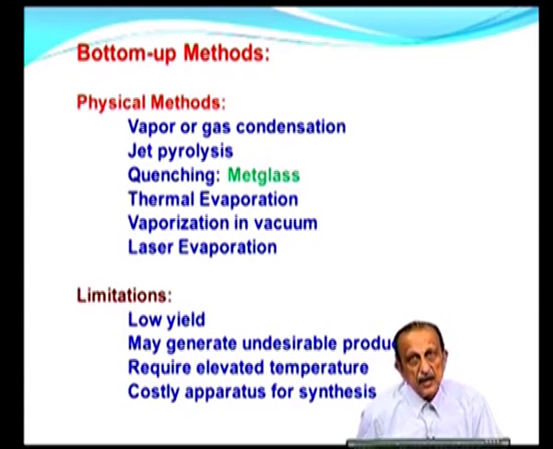So, in a crystal that has around the Avogadro number of atoms, the chances of formation of defects is much greater than in the case of a nanocrystal, which might have, let us say, 10,000 or 50,000 atoms.